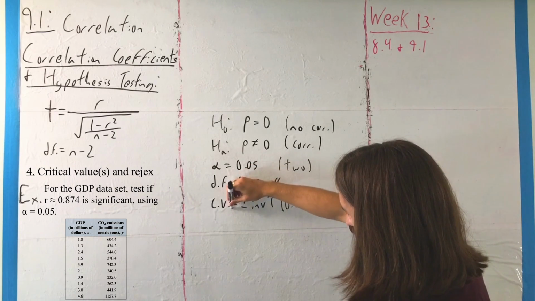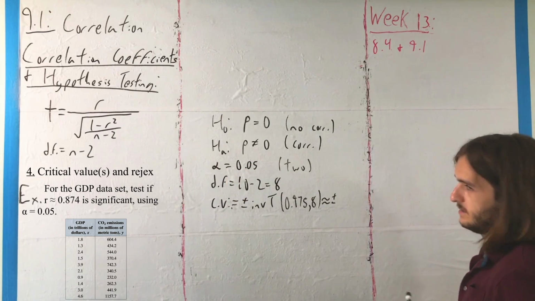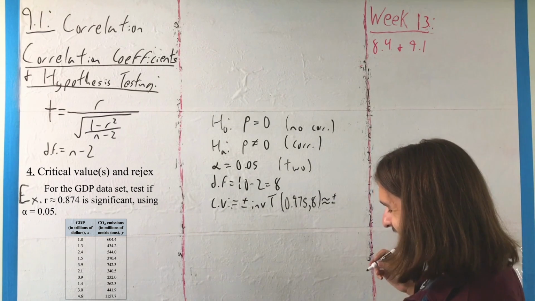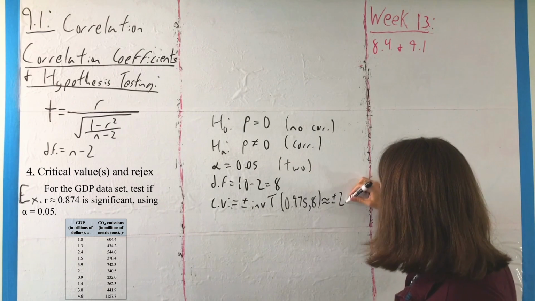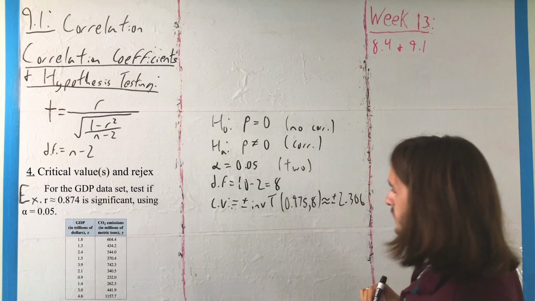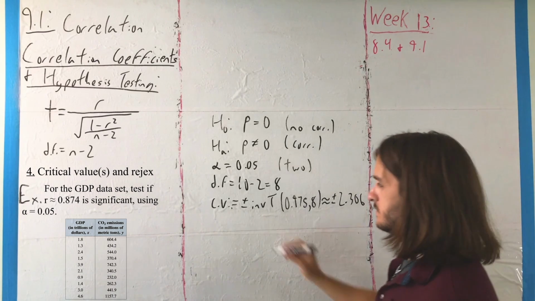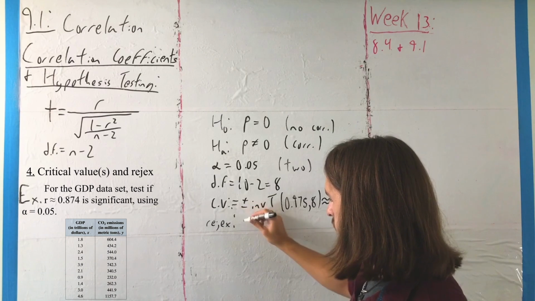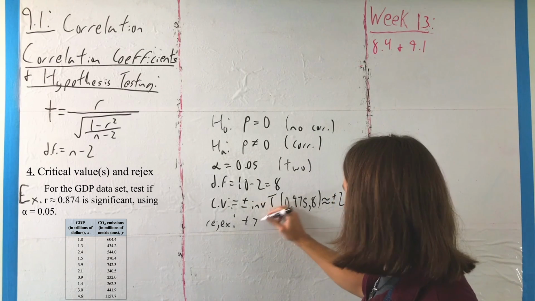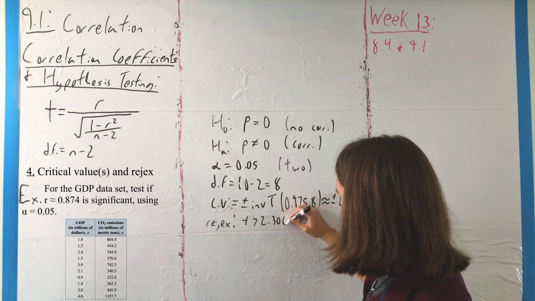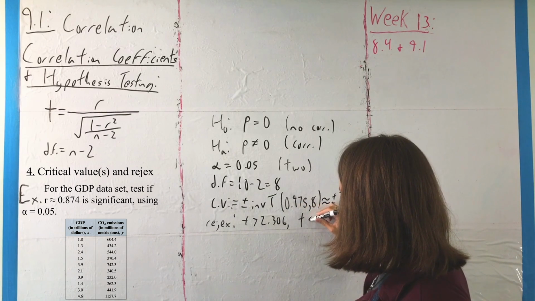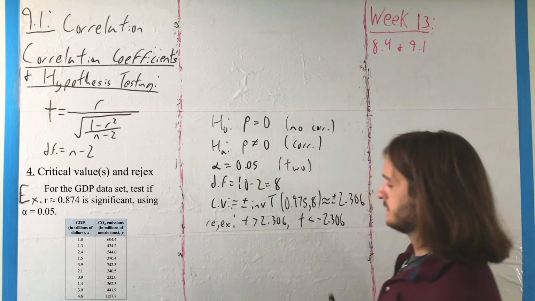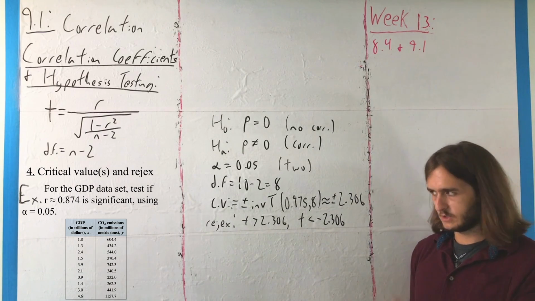So that should probably be more of a colon than an equal sign, whatever. Notation doesn't need to be perfect. These are going to end up being about 2.306. So our rejection regions will be t-scores above positive 2.306 and t-scores below negative 2.306, using a bit more exacting notation this time just because.